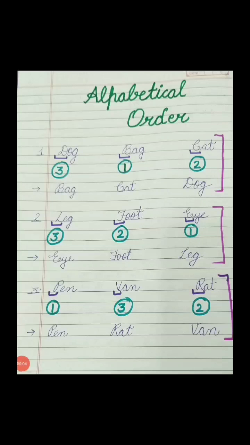Students, this worksheet is for alphabetical order, but before that we'll be seeing the word ones. Now see all the words in front of one in the first line. What are the words? Dog, bag, cat.